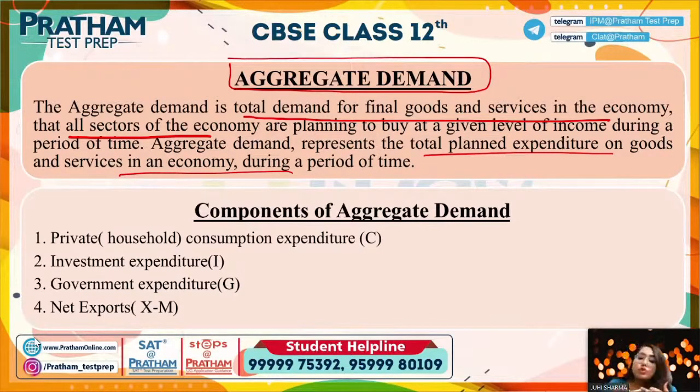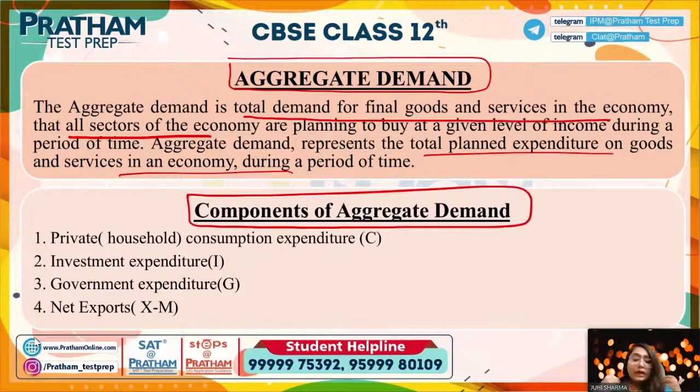Now government भी कुछ expenditure करती है, that is also included in this aggregate demand. And उसके बाद जो हमारे exports होते हैं, net exports होते हैं, basically exports minus imports, that is net exports, this is also included in the aggregate demand category. So you need to understand the components of aggregate demand. Now this aggregate demand has four components.